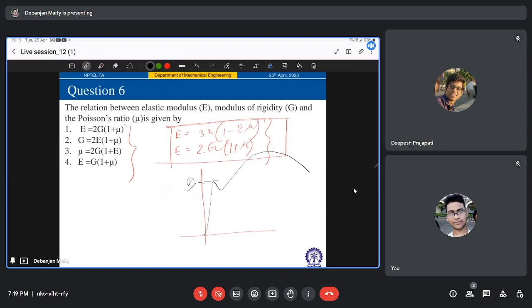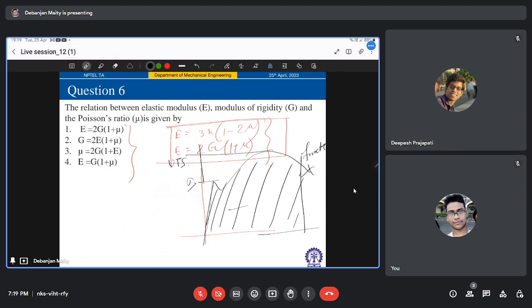This is your point of yielding, this is your UTS value, and this is your point of fracture, right? And the area under the curve, what is it called? It's called toughness. This is your strain value.